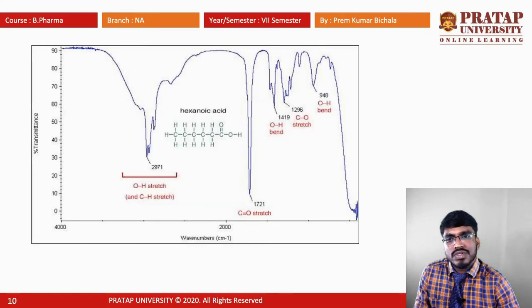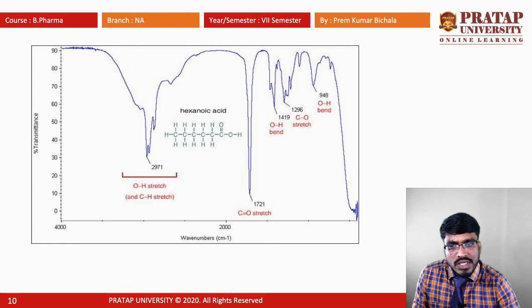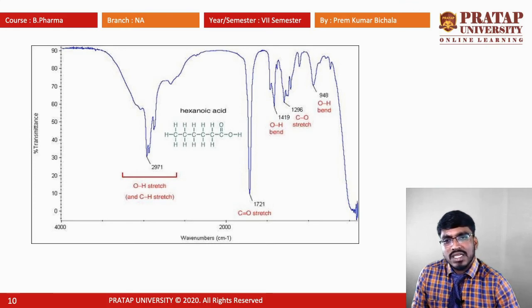And the third one is hexanoic acid. In hexanoic acid, we have a COOH functional group, that is C double bond O and OH. So for this, OH stretching should be observed. Along with OH stretching, we should get CH stretching at 2971 wave number.